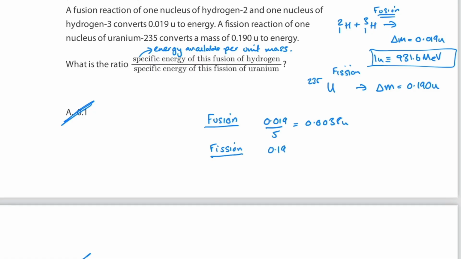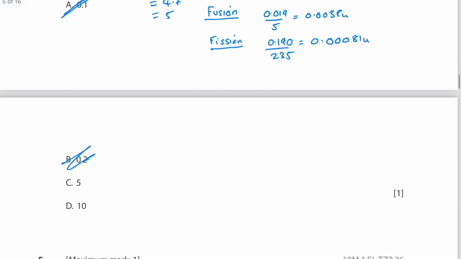So 0.190 divided by 235 gives us an answer of 0.00081 U. And if we pop that into the ratio up here, pop that into our calculator, and that's going to give us an answer of 4.7, which rounds to 5. Our answer is 5.